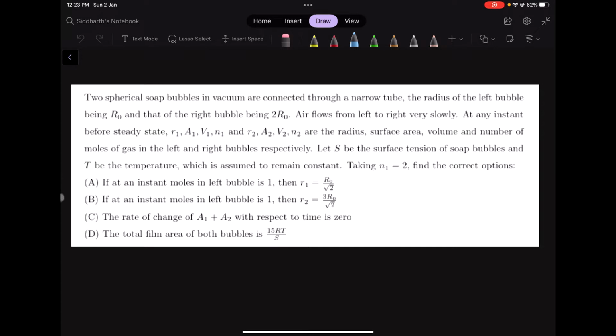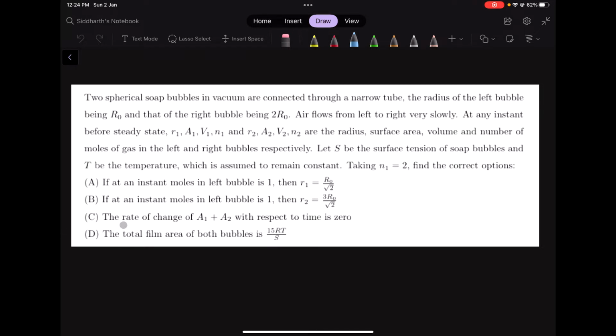So let's read the options also once. Option A: if at an instant moles in the left bubble is 1, then R1 equals R0 by root 2. R1 is the radius of the left bubble. Option B: if at an instant moles in the left bubble is 1, then R2 is 3R0 by root 2. R2 is the radius of the second bubble.